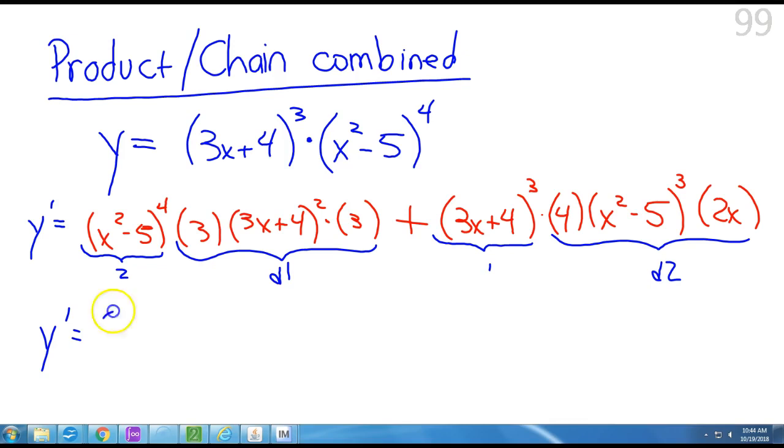So I can take 3 of them and put them out in front. I'm going to do the same thing with the 3x plus 4s, and then I'll talk about what happens after that in a second. So how many 3x plus 4s can I take? I can take 2, right? I got 2 here and 3 there, so I can take 2 of them and put them out in front.